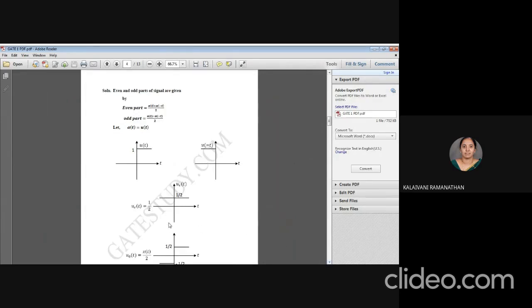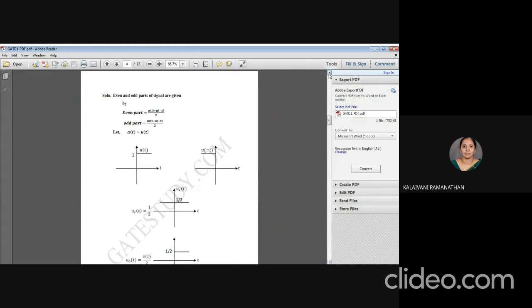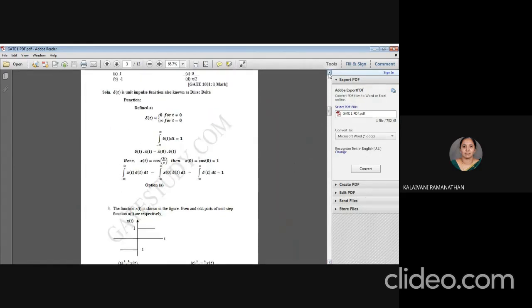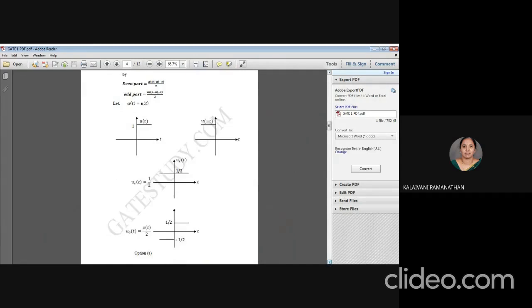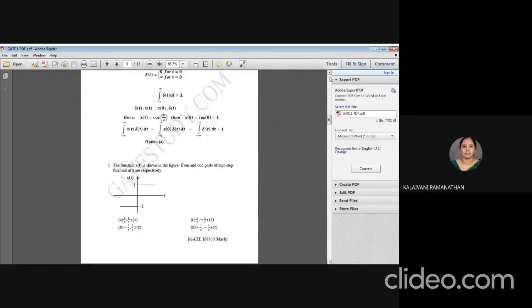So the options are 1 by 2 comma 1 by 2 x of t.